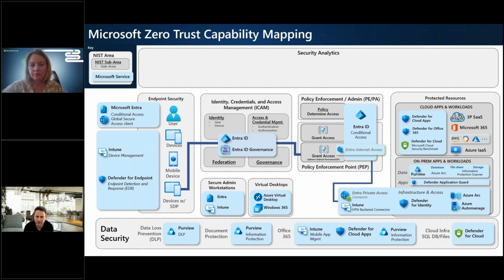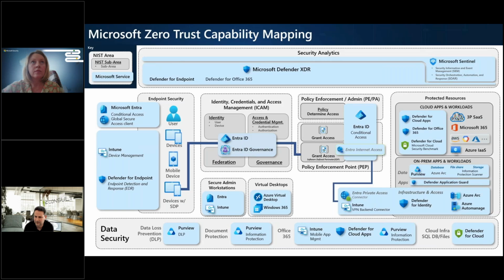And if you go down to the data security layer, in regards of data loss prevention, you can leverage Purview also for protection of documents and classification of documents. And the last one also for IDPs and so on, Defender for Cloud Apps.